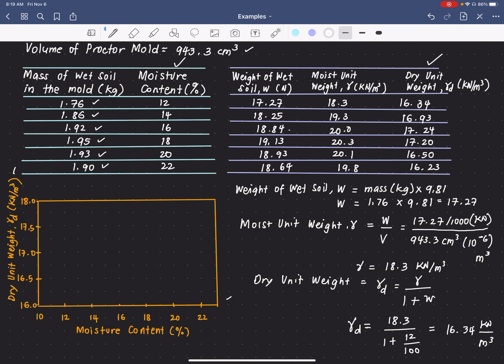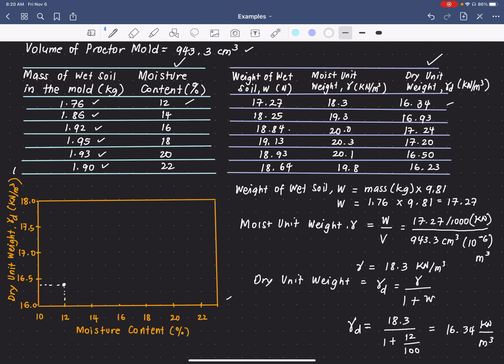So for the first trial, we have a moisture content of 12 and a dry unit weight of 16.34. So let us say this is our 12 and 16.3, this is 16.5, 16.25. So let us say this is our first data point.